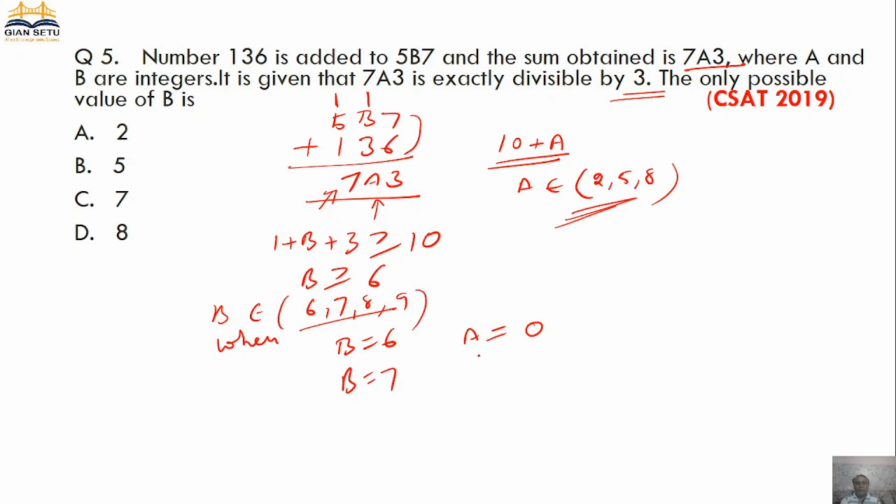When b is equal to 7, the value of a is equal to 1. When b is equal to 8, the value of a is equal to 2. And when b is equal to 9, the value of a is equal to 3. The only possible value of b for which we get a valid value of a is 8. So the right answer is 8 here.